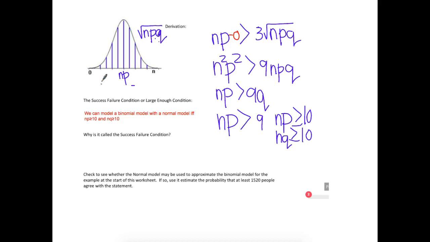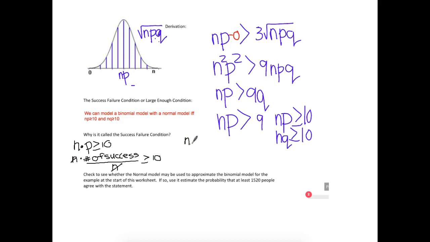And this really comes from the fact that if you think about n times p being greater than or equal to 10, well, how do we set up p? p is the number of successes out of my n trials. So really, is my number of successes greater than or equal to 10?